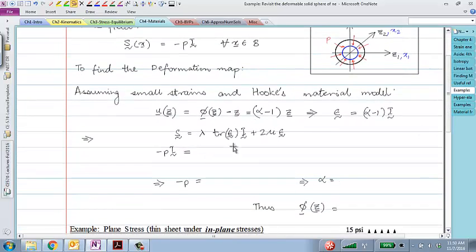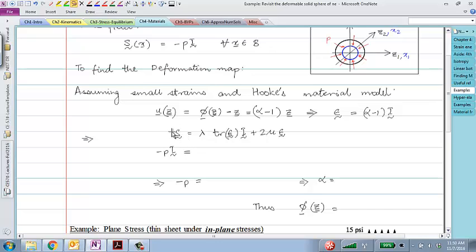All right, so let's apply our material model to see if I can relate this alpha, the scaling factor for the contraction, to the applied pressure. That was something we did not do back in chapter 3 because we didn't know anything about material properties back then. So we'll use Hooke's model to relate that.